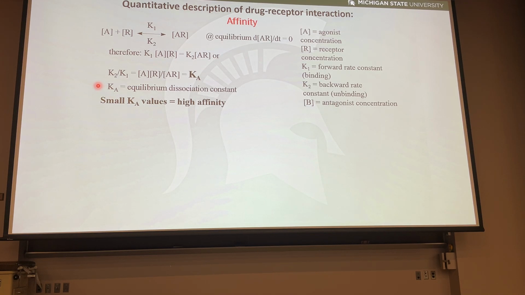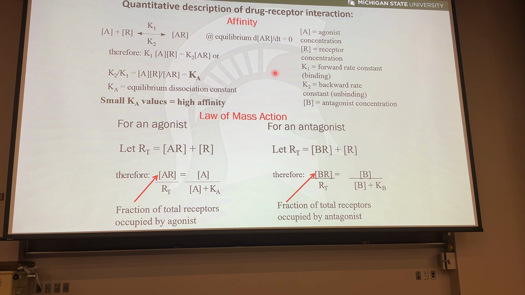And what I want you to remember is that a small Ka value equals high affinity. This would be tight binders, all right? So it also goes to follow large Ka values will be low affinity, okay? If all of this doesn't compute, please just remember small Ka values equal high affinity. And then therefore large Ka values would be lower affinity. All right?